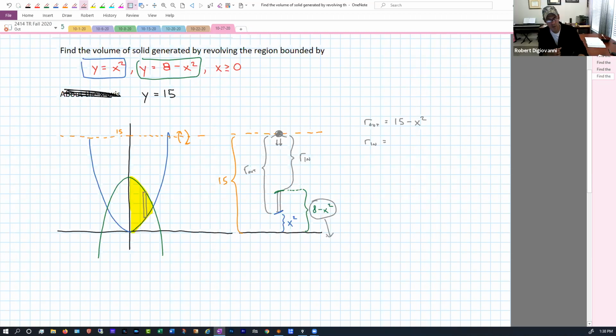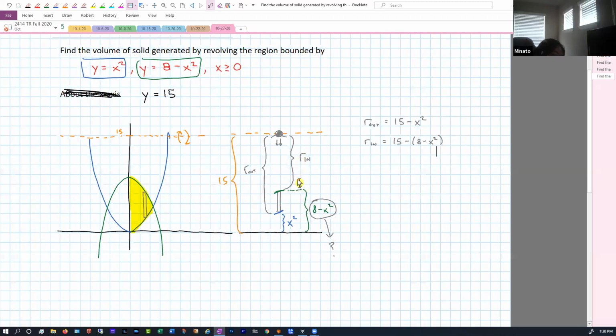This right here is not always 8. That always depends on x, right? It'd be 15 minus, in parentheses, 8 minus x squared. See, we don't know what 8 minus x squared is, but whatever it is, we have to take that away from 15 and that'll give us what remains. Does that make sense? Yeah.